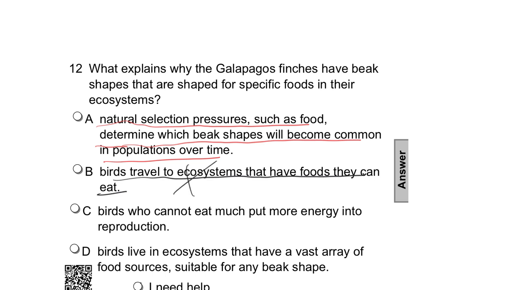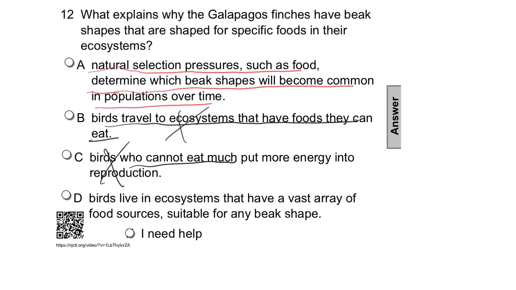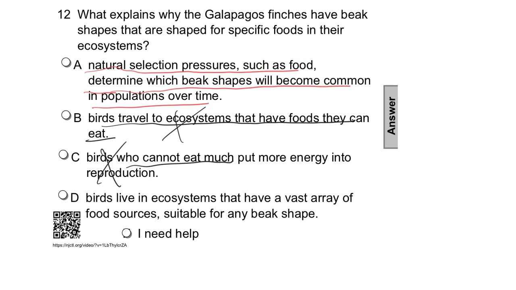Birds who cannot eat much put more energy into reproduction. What? If you can't eat much, you're not going to have energy to put into reproduction. Birds live in ecosystems that have a vast array of food sources suitable for any beak size. No. Certain regions don't have nuts. Certain regions on these islands don't have fruit. They have insects.